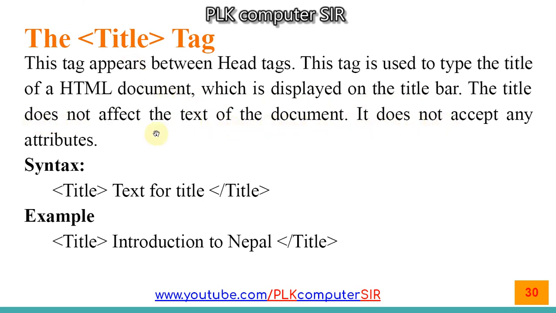It does not accept any attributes, so we have to use it without attributes. Syntax: title, text for title, and title close. This is a title open tag and title close tag. For example, title: Introduction to Nepal. This introduction to Nepal will display in the web browser's title bar.